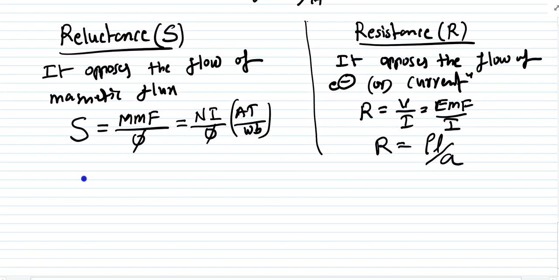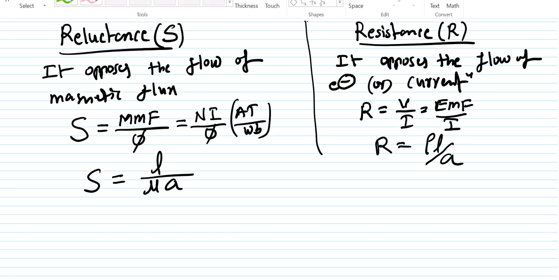Then the reluctance can be written as L by mu into the cross section area A of that particular core. L is the length of the core, A is the cross section area of the core, and mu is the permeability of that material.